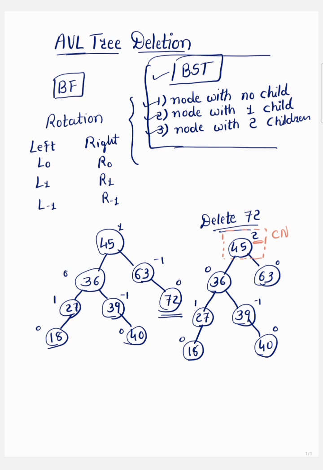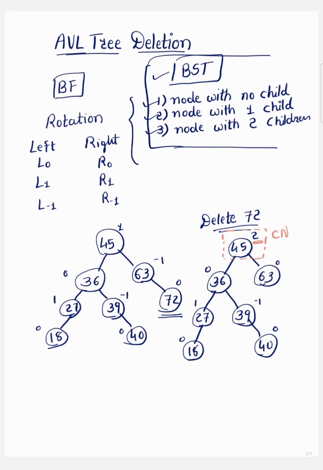Now in that scenario, I need to go for a rotation. First I need to check whether I need to go for the left rotation or a right rotation. How to check which kind of rotation I need?